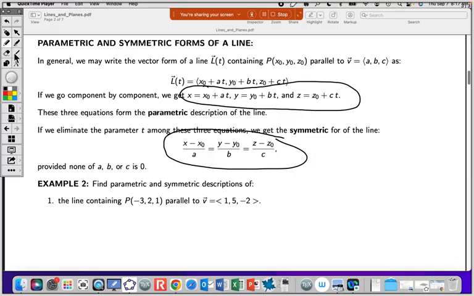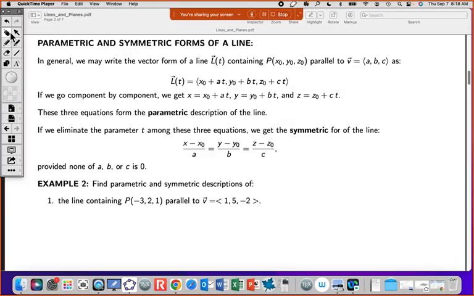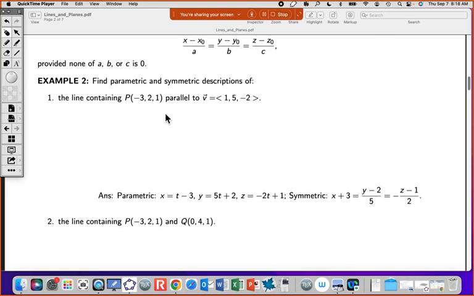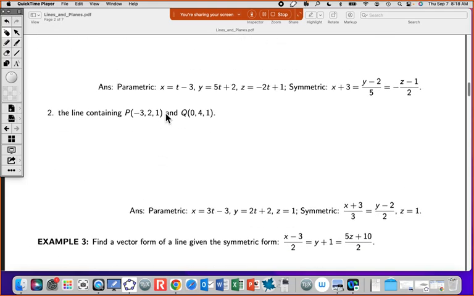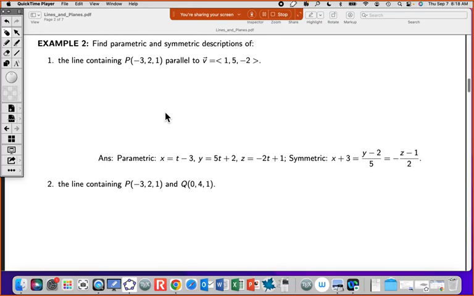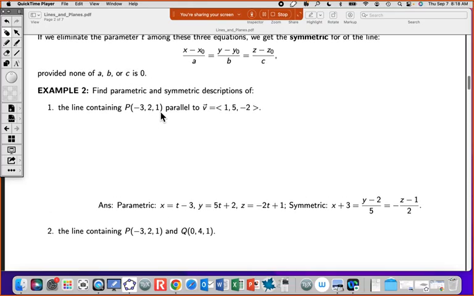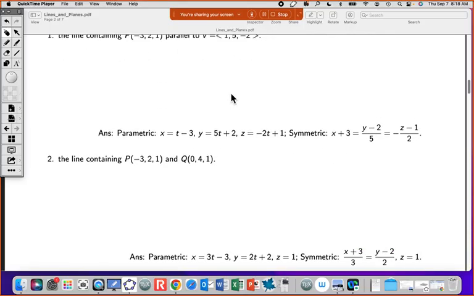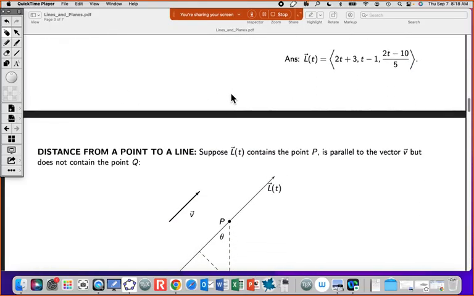So we did some examples yesterday. We talked about how you can graph these on GeoGebra to check answers and whatnot. And we did a little bit looking at intersecting lines. And really the point is that there are infinitely many representations for the exact same line.